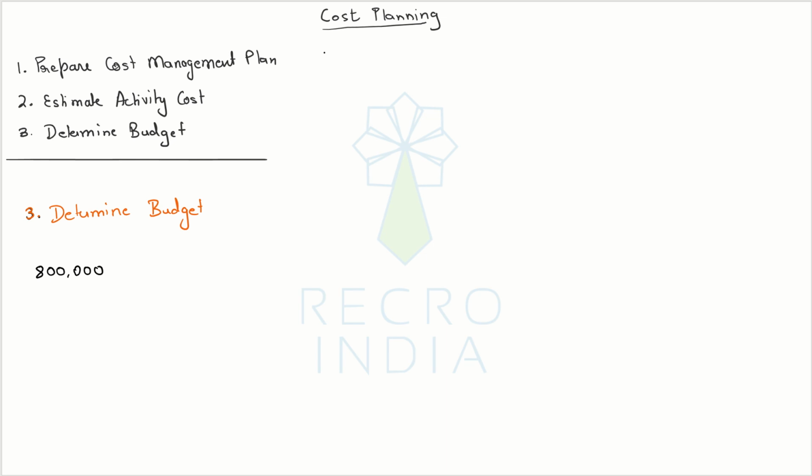Now, of course, we haven't discussed it, but at some point or parallelly to this, we are also assessing risks, and there will be some known risks which can happen during the project, and for those we might be keeping a certain amount of money, say for example 200,000 in this case.